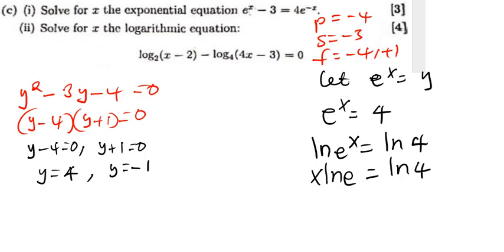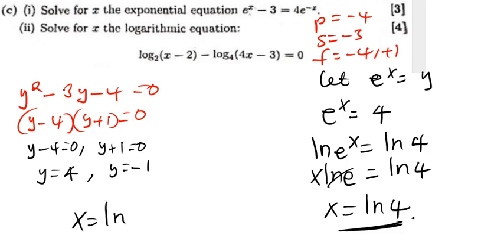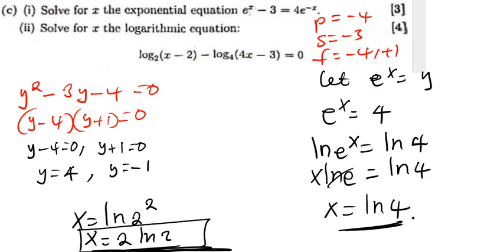One thing I want you to understand is ln e is always 1 because ln is in base e. So x is equal to ln 4. You can end here. Another person can say 4 is the same as 2 to the power 2, so x can be equal to 2 ln 2. This is also the answer. You either end here or there, it's the same thing.